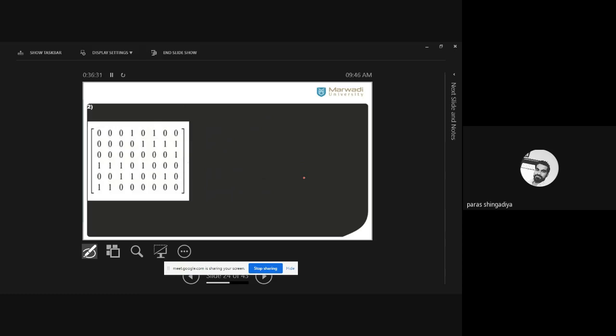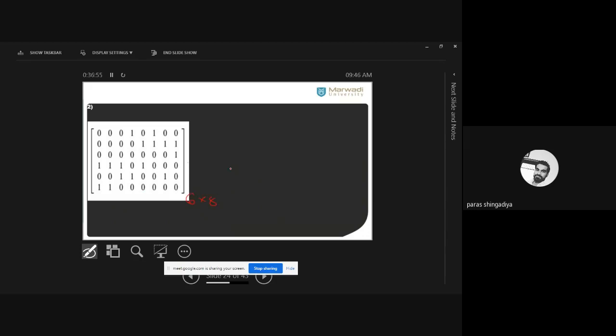Now second graph. Here it is. The data is 6 by 8. 6 vertices. ठीक है. 6 is the row and 8 is the column.